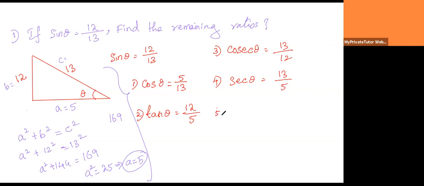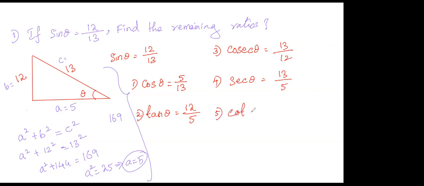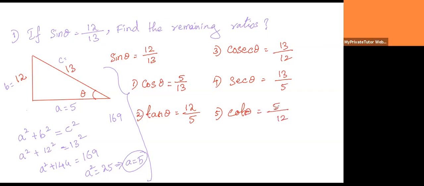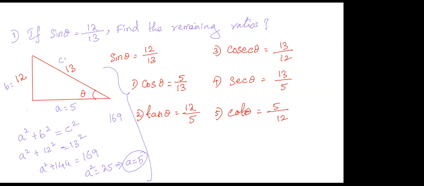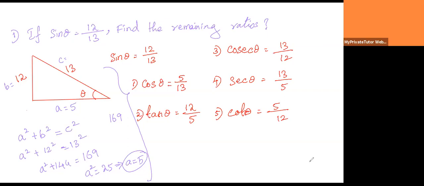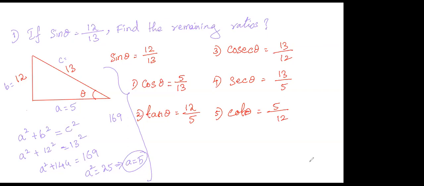And the last one is cotangent, 5 over 12. Yes, that's it. Very good, Mohammed. You might get questions like this, where they give one ratio and ask you to find the remaining ratios.